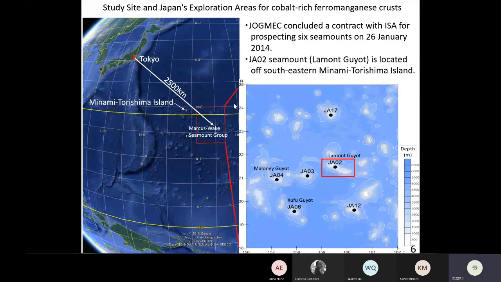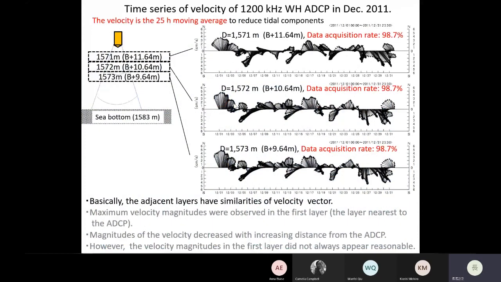And this is a time series of velocity detected by the ADCP in December 2011 on the top of JA02 seamount. Please note that this velocity data is not the raw data, but the 25-hour moving average data in order to reduce tidal components.